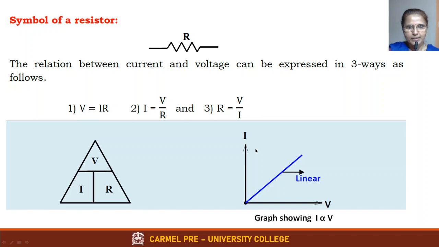When you plot I versus V for a resistor, you get a linear graph like this. This is the characteristic of a conductor. When you keep varying the voltage across it, the current also varies linearly.